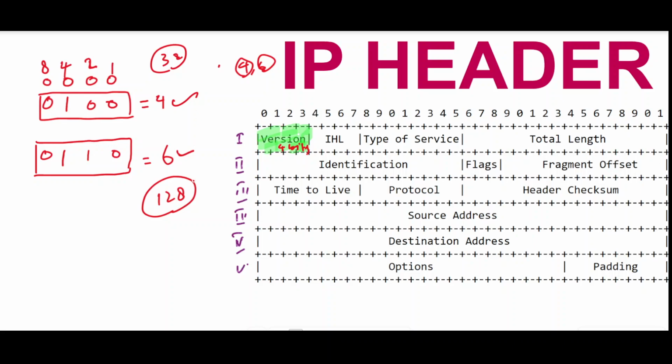I think if the population increases in future, then IP version 6 will be very helpful. Clear?